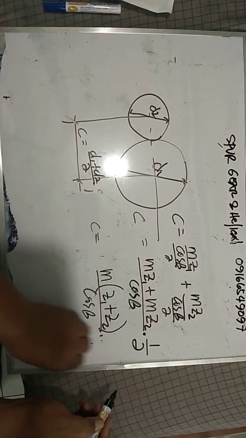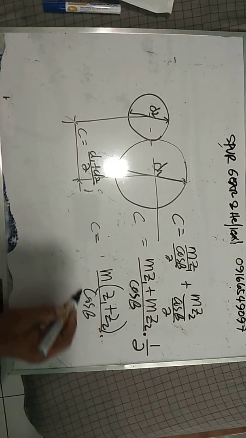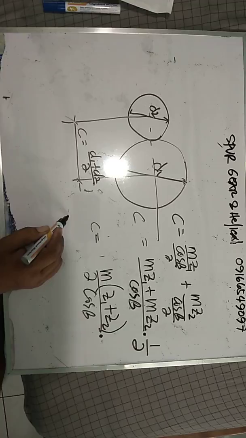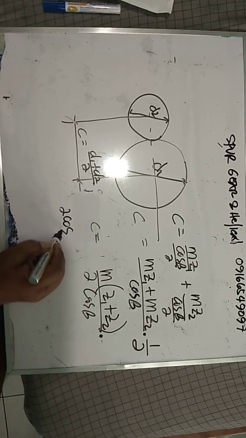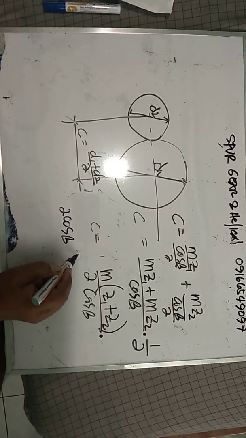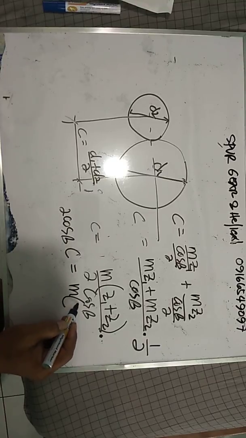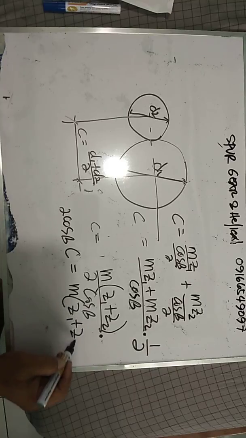Or we can make it directly 2 cosine beta, so that the center distance will become 2 cosine beta times C equals module times Z1 plus Z2.